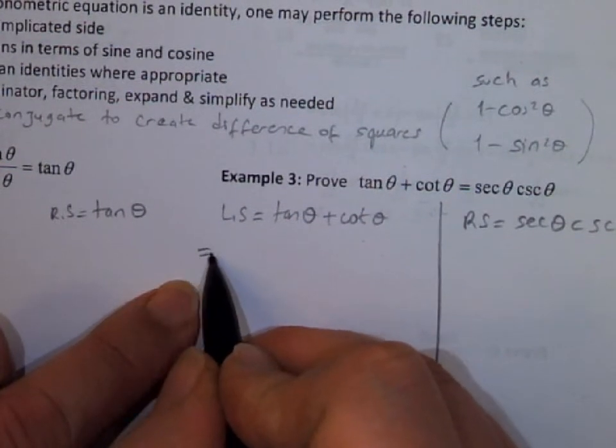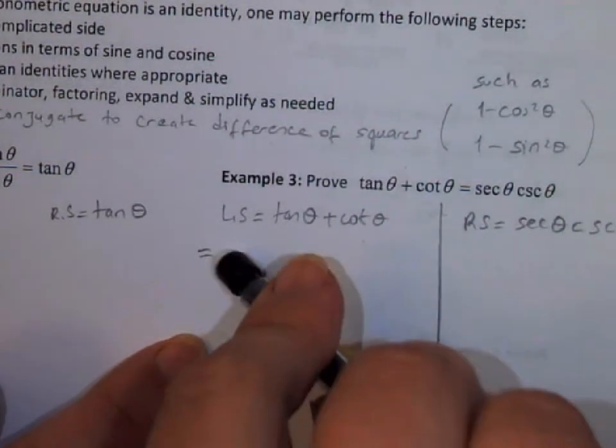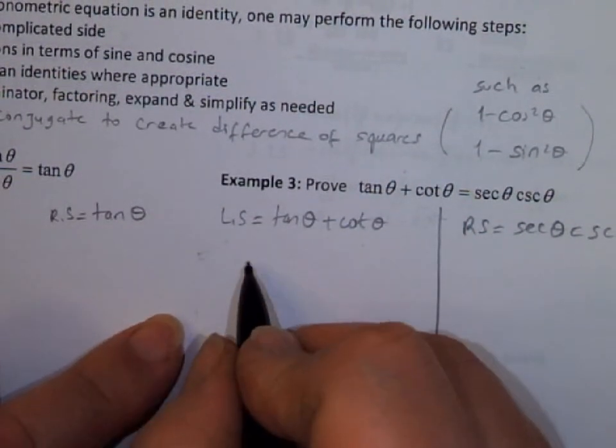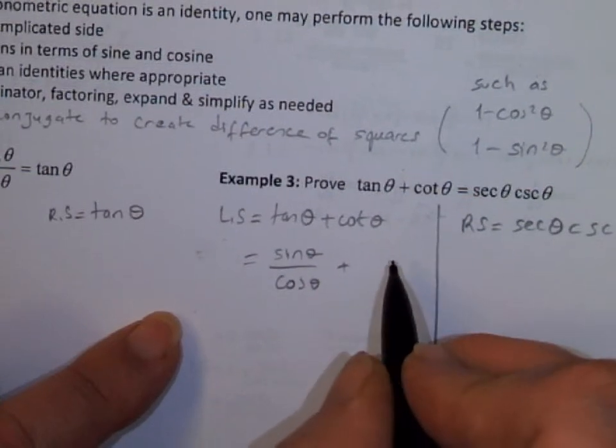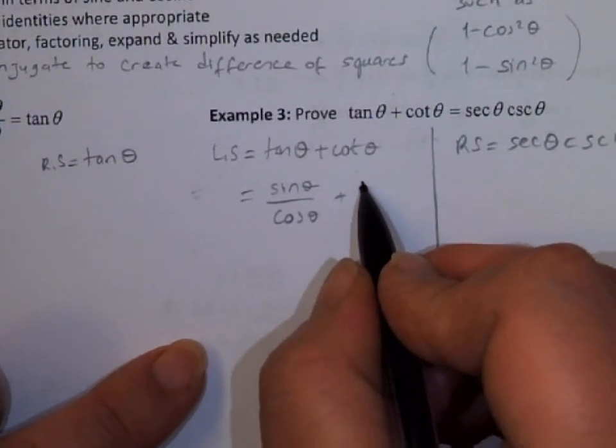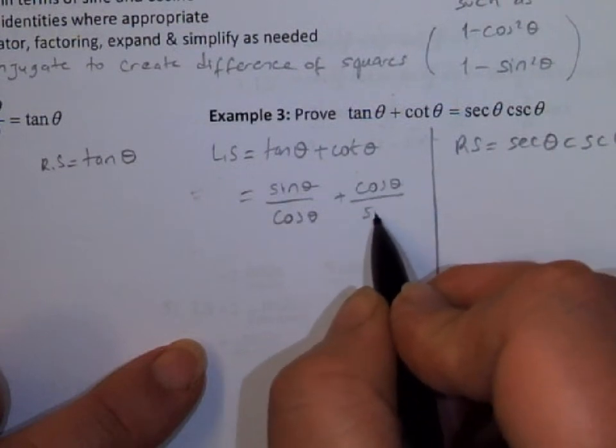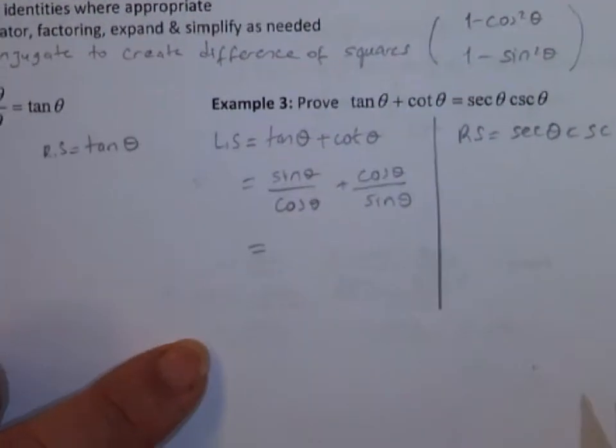Okay, so left side. We have tangent theta, replace it with sine theta over cos theta, and cotangent cos theta over sine theta.